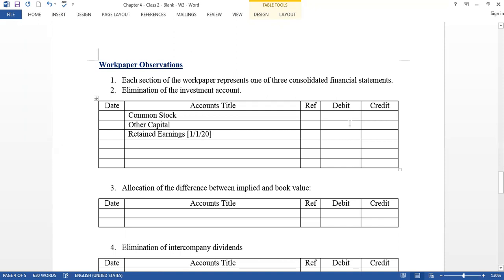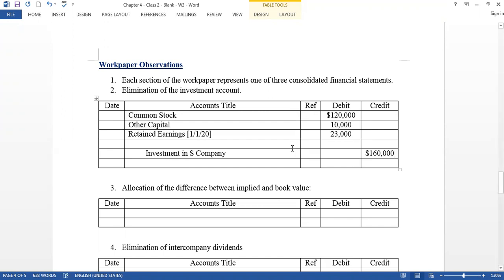According to this question, our subsidiary's common stock is $120,000, other capital is $10,000, and beginning retained earnings is $23,000. So it means that we close the book value of the subsidiary. Clear? Then we have to close the investment in subsidiary, and according to this question, it is $160,000.